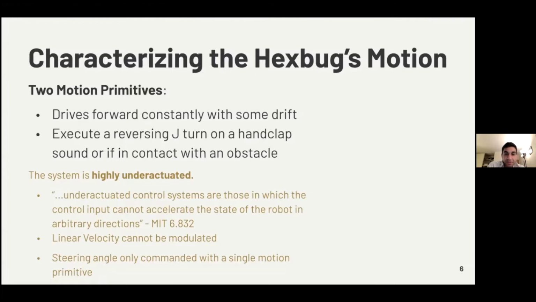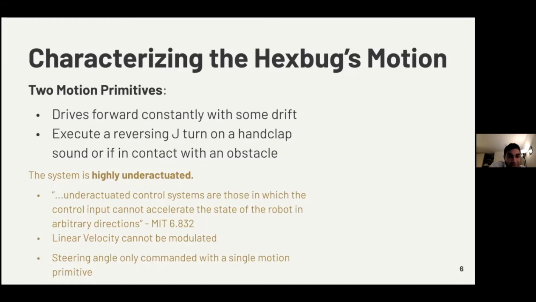That's just something imperfect about how the robot was manufactured, so we'll need to account for that in our motion planning. The other motion primitive is that when the robot comes in contact with some obstacle, or if it hears an auditory input such as a hand clap, it'll execute a turn in the shape of a J, while reversing.